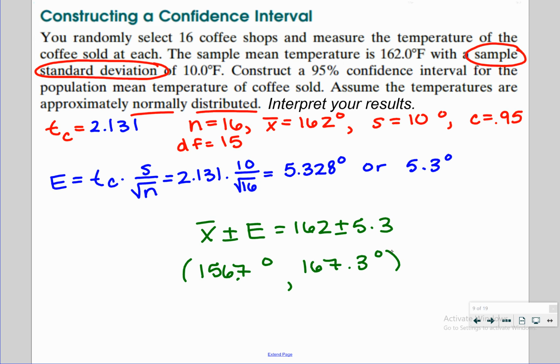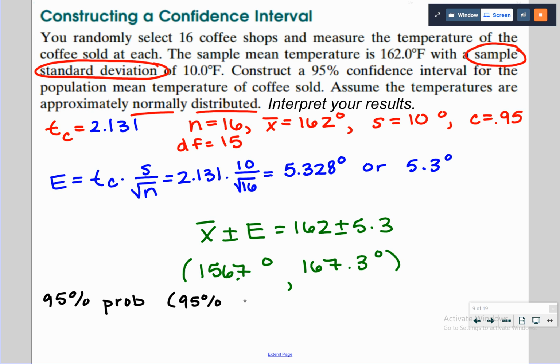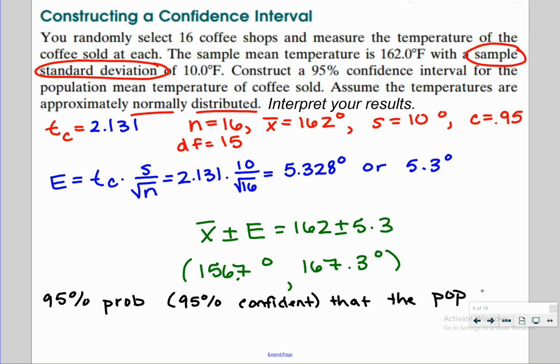Interpretation of that. So there are 2 ways we can word this. We can either say there is a 95% probability, or you can say that you are 95% confident, however you want to word that, because that's our confidence level, that the population mean, that's always the thing that we're estimating here.